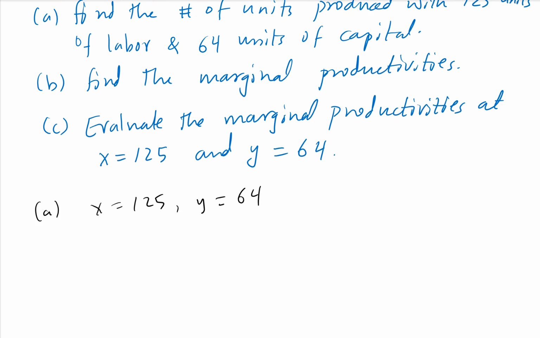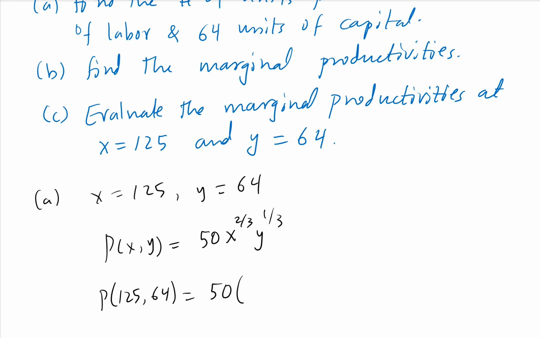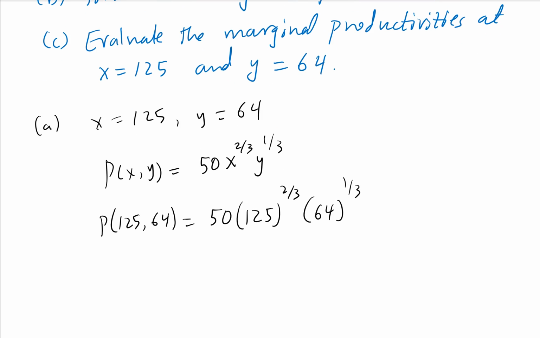So all we have to do is go back to the given function P(x,y), 50x to the 2/3, y to the 1/3, and find P of 125 comma 64. 50, 125 to the 2/3, 64 to the 1/3. You can put that in a calculator, and that gives us 5,000 units.